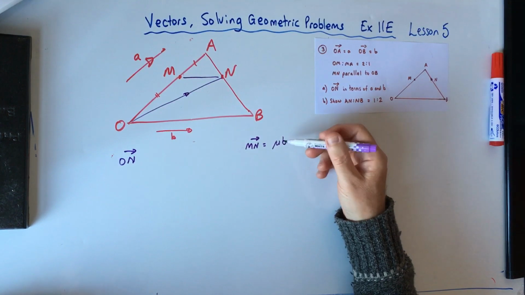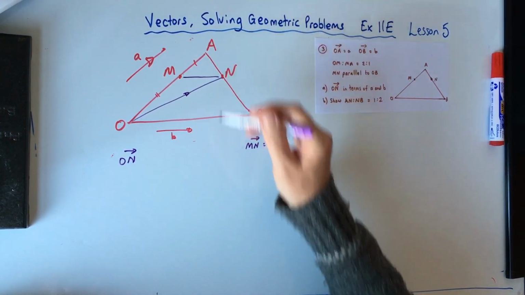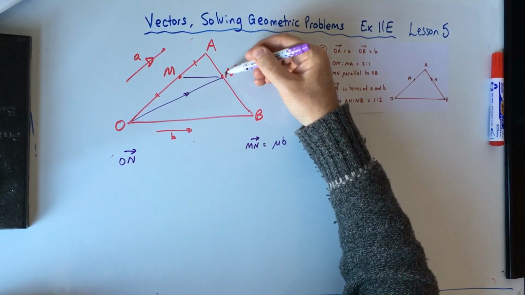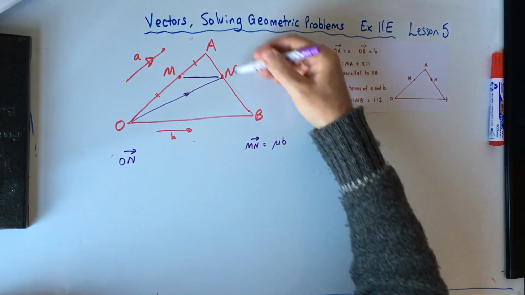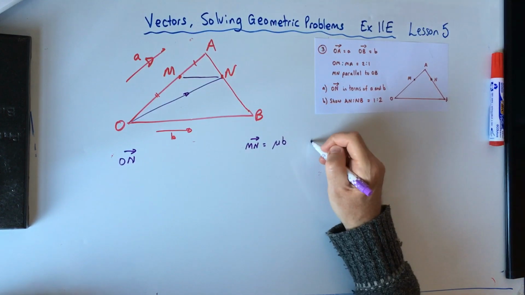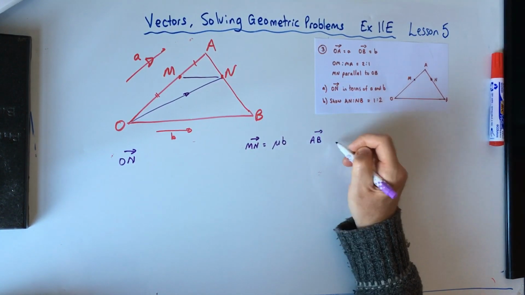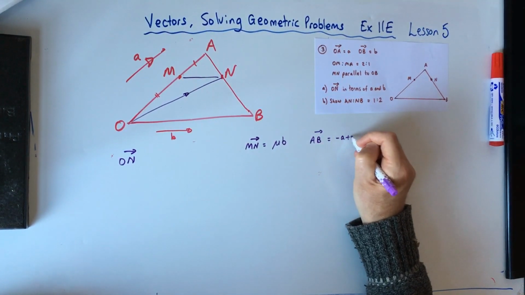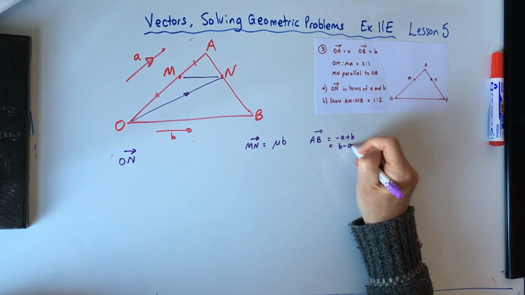But I don't know what that is. Okay, that's MN. And AN is some fraction of AB. Now, I know what AB is, because AB is minus A plus B, which is B minus A.